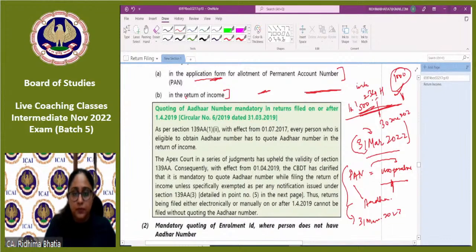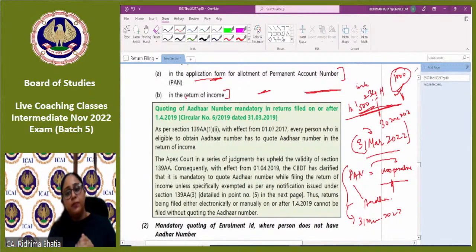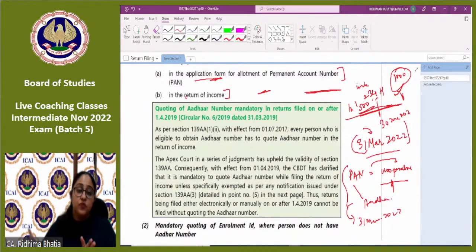I'll repeat again. PAN and Aadhaar have to be linked. If they're not linked, the PAN becomes inoperative. The due date of linking the PAN was 31st March 2022. But the inoperative timeline has been extended by one year, so if you still do not link the PAN by 31st March 2023, it will become inoperative from that date.